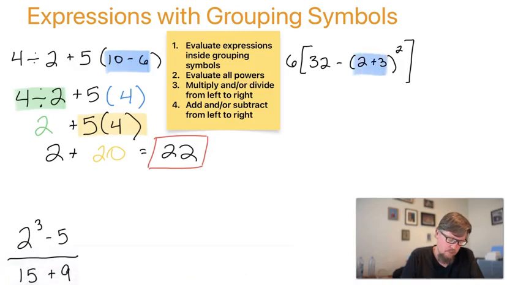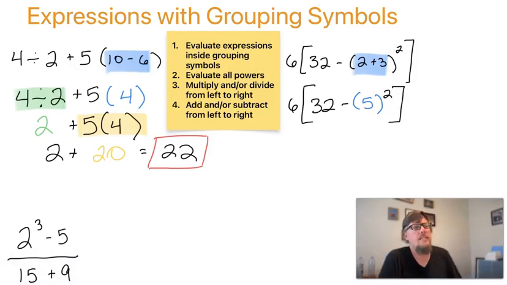So 2 plus 3 is going to give us 5. We are going to leave the parentheses. After we've evaluated everything in the parentheses, we still leave the parentheses. And we've got 32 minus 5 squared still in those brackets. All we've done is do 2 plus 3 equals 5.